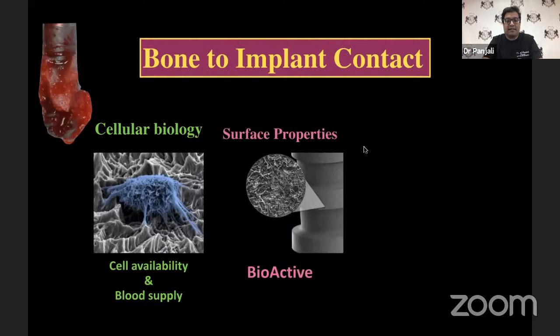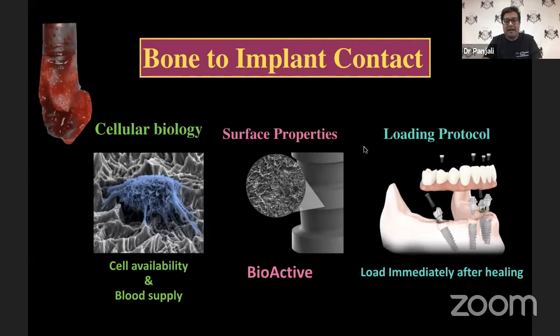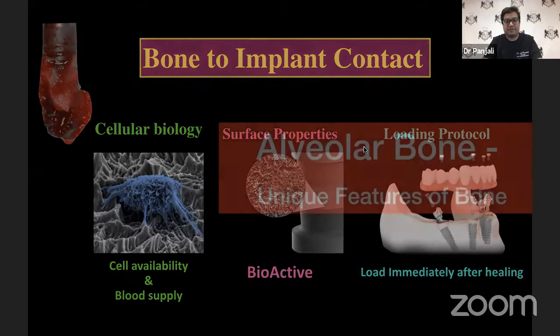The surface properties of an implant are required to have some kind of a bioactive surface. And of course, your loading protocol has to be very, very prudent. You cannot load implants after 10, 12, 15 months and expect the same amount of bone to implant contact compared to if you had done that earlier.